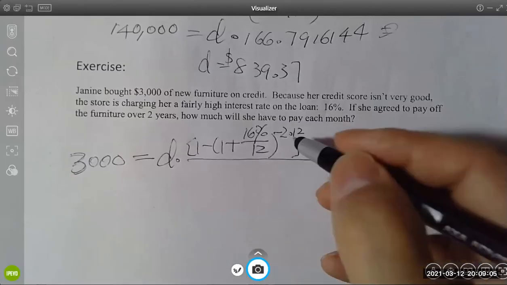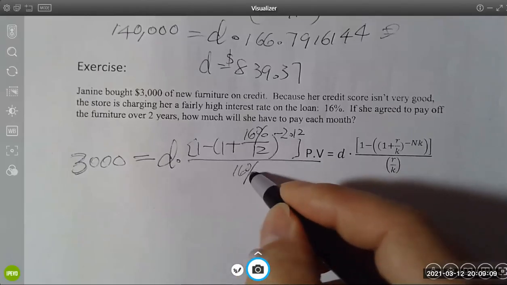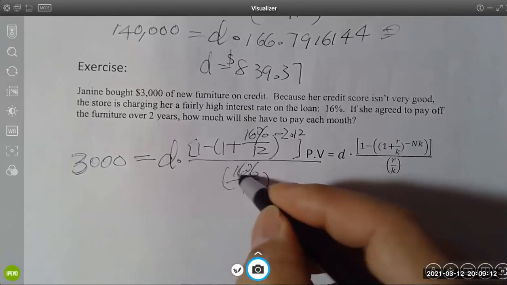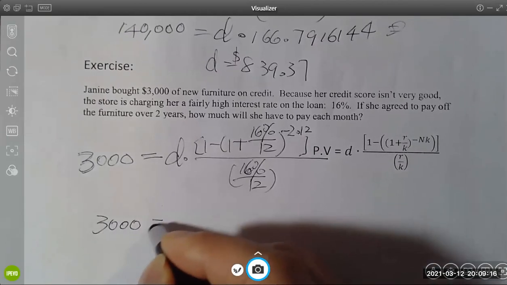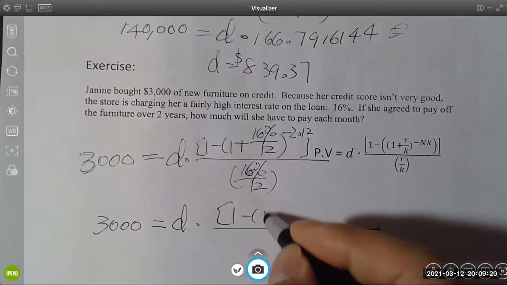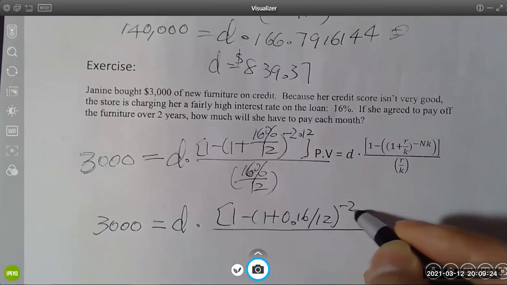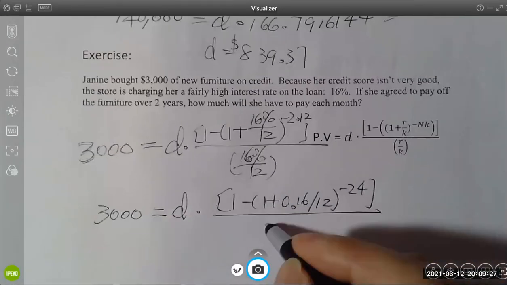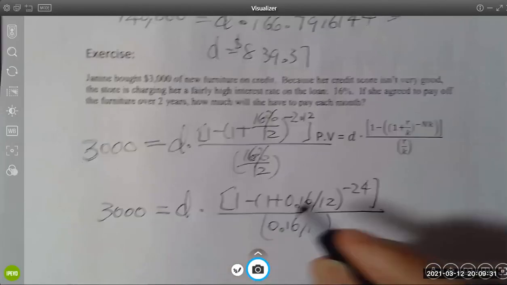Don't forget the negative sign in the present value formula. Now rewrite it: 3,000 equals D times 1 minus 1 plus 0.16 over 12 to the power of negative 24, over 0.16 over 12.